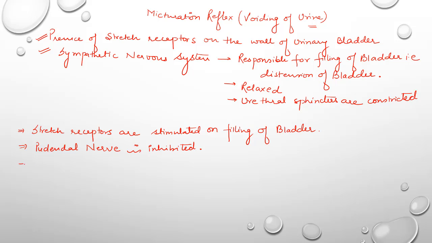The parasympathetic nervous system is activated when the pudendal nerve is inhibited. Inhibition of pudendal nerve also inhibits the sympathetic nervous system.